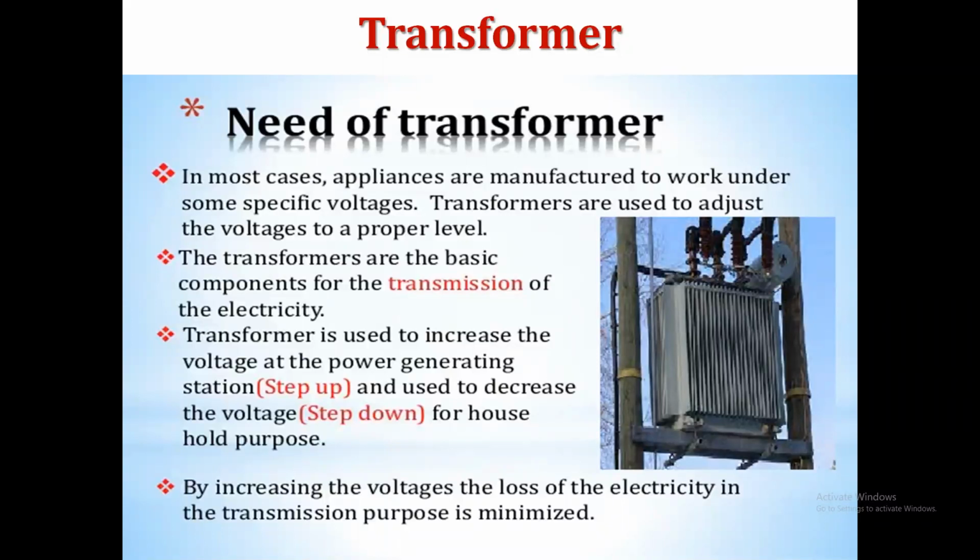The electricity is available for our domestic purpose from the generation station, and at the generation station that electricity is at very high voltage, while for our domestic purpose it is available at 230 volt. So how can you reduce that voltage level? With the help of a transformer.